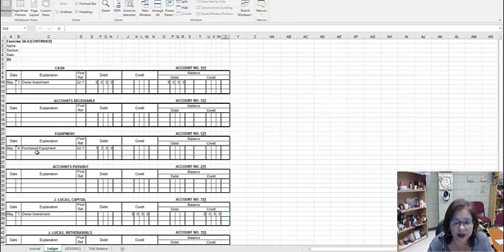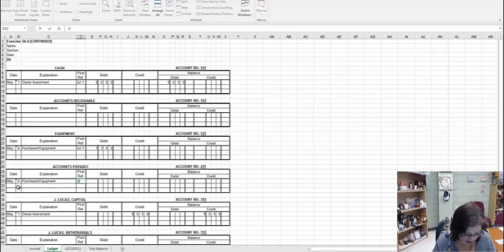So for the purchase of equipment, I'm going to show that I purchased it for $1,300. And remember, I did not pay cash for it. What did I do? I put it in accounts payable. So here, I would go ahead and show May 4th, purchased equipment, and again, general journal 1.